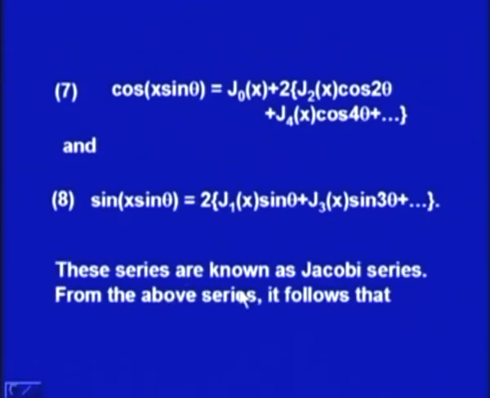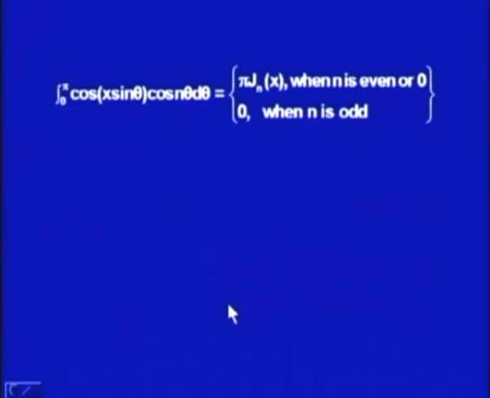These series are known as the Jacobi series. Now, from these series it follows that if you multiply the Jacobi series for cos(x sin theta) by cos n theta and integrate over 0 to pi, then we know that the cosine functions cos m theta are orthogonal over the interval 0 to pi. That is, integral 0 to pi cos m theta into cos n theta d theta is 0 whenever m is not equal to n, and in the case when m is equal to n, we know that integral 0 to pi cos square n theta d theta is pi by 2.